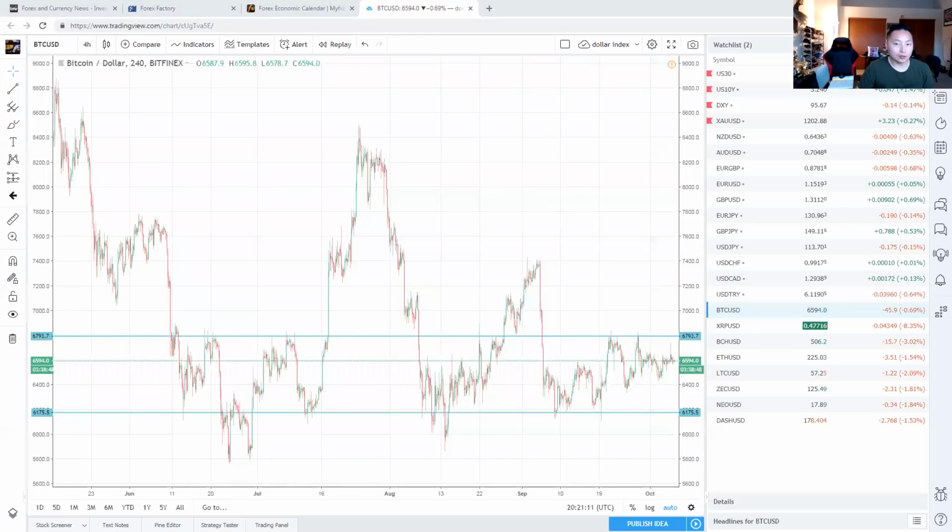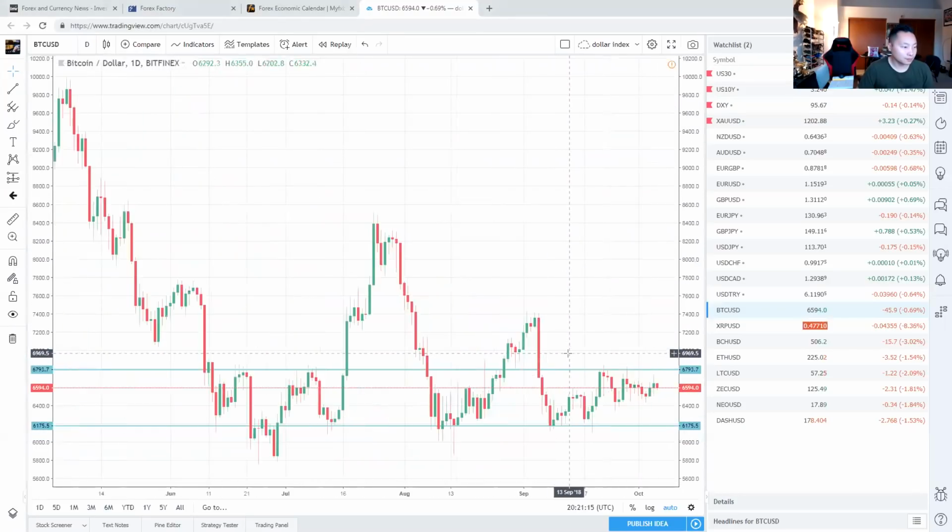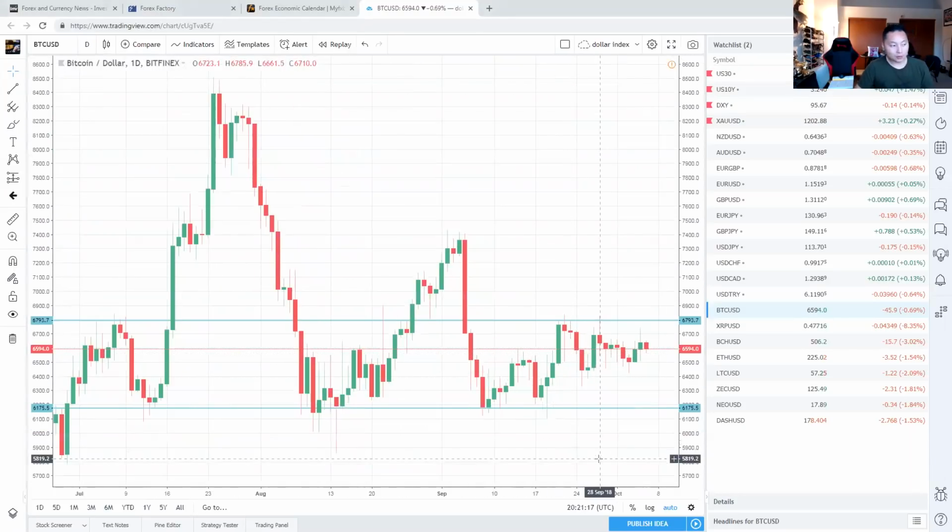Now, this is on the 4-hour chart, so I'm going to show you the daily chart so you don't get confused here. Notice that I haven't moved my horizontal lines. I have not moved any of my two blue lines here. So notice that they meet up very precisely at these points here.